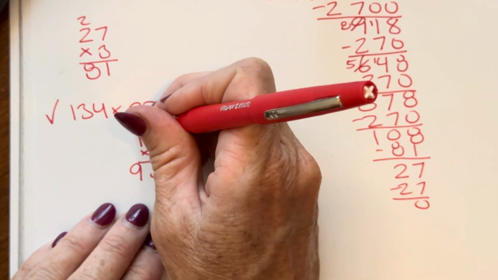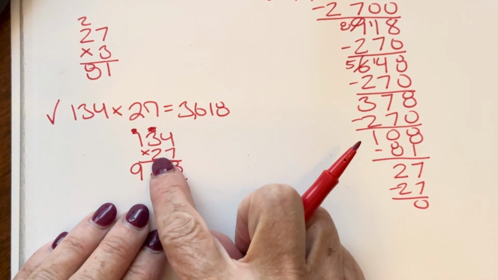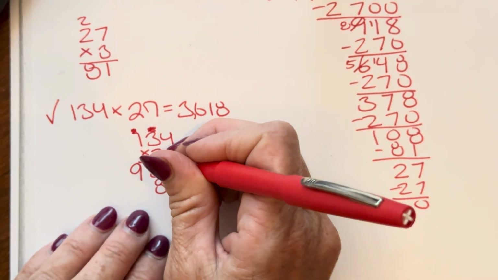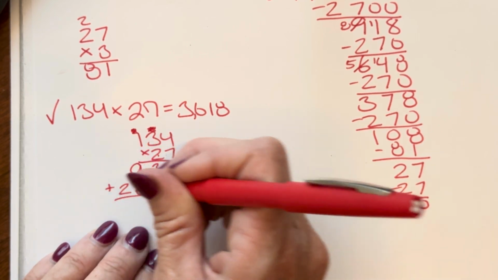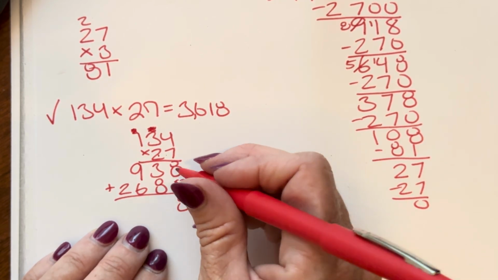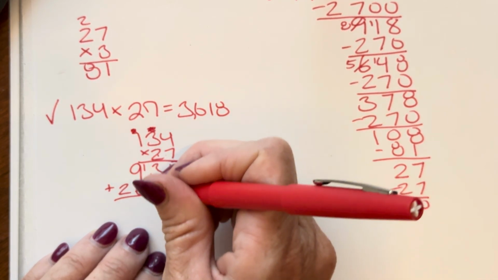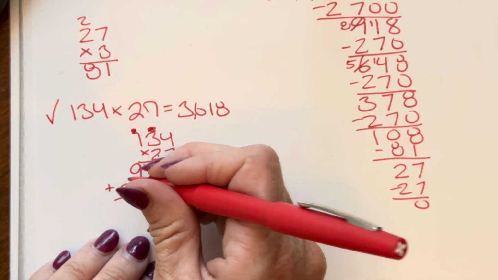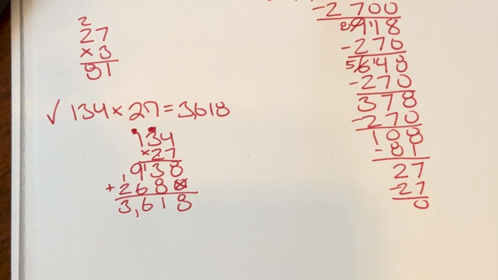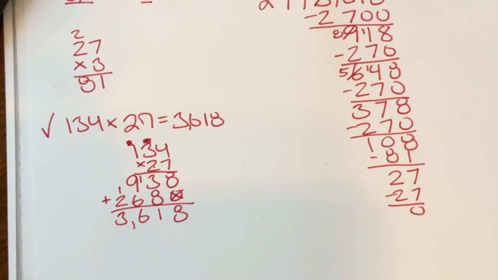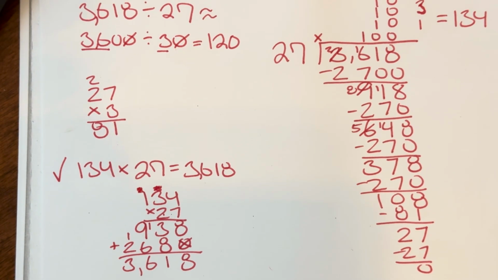Okay, my placeholder, I'm going to cross those off so I don't get confused. 2 times 4 is 8. 2 times 3 is 6, and 2 times 1 is 2. So when I add this up, I get 3,618, which is exactly what I was looking for. So that tells me I did my problem correctly.